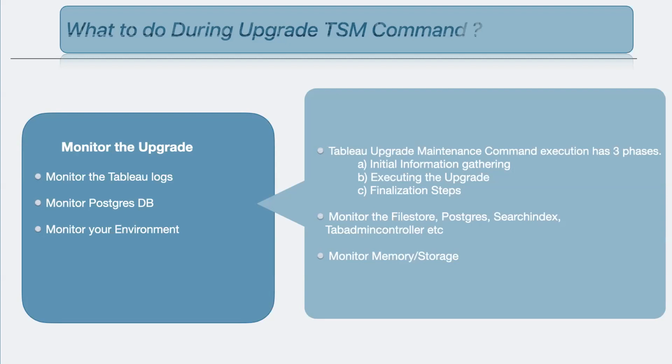During the upgrade execution task, there are two key things which are done: backing up the Postgres and restoring the backup. It's done internally, you won't even notice it. It takes the backup of the Postgres, then updates it, restores it, and then updates the file store.